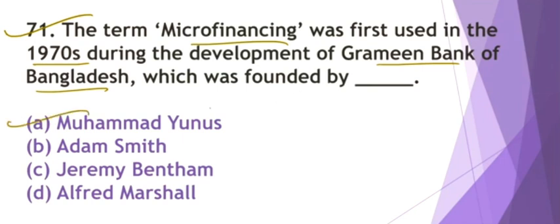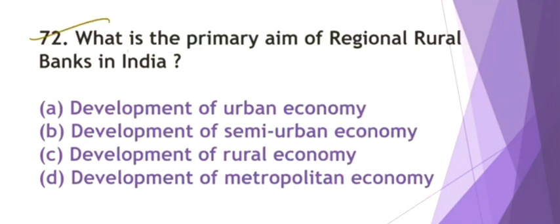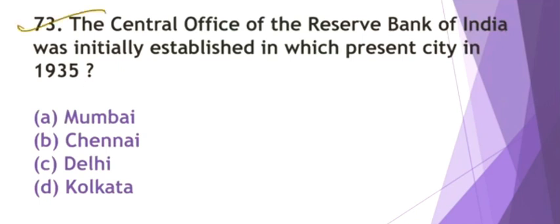Option number A, Muhammad Yunus. 72. What is the primary aim of regional rural banks in India? Option number C, development of rural economy. 73. The central office of the Reserve Bank of India was initially established in which present city in 1935?